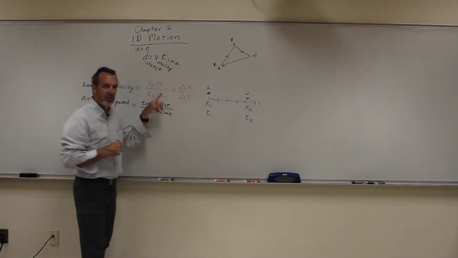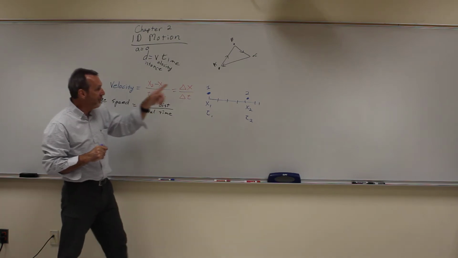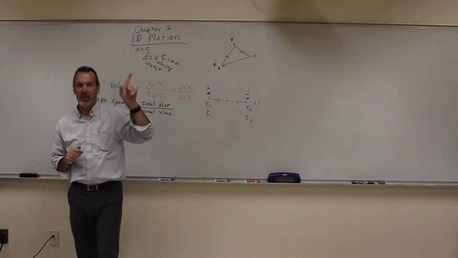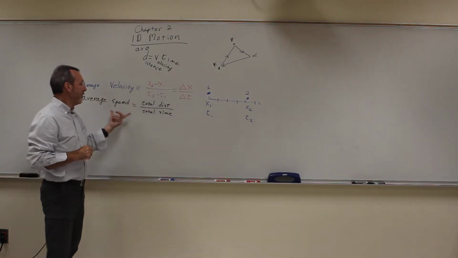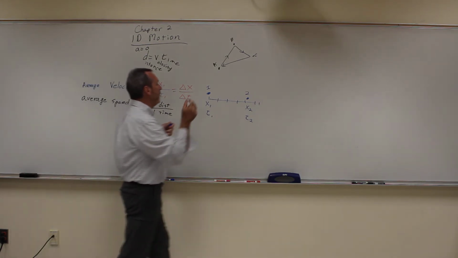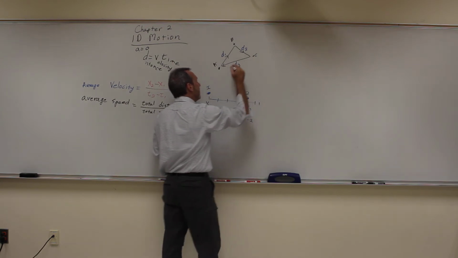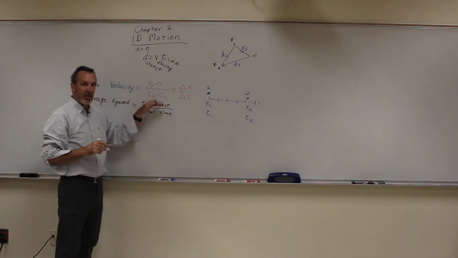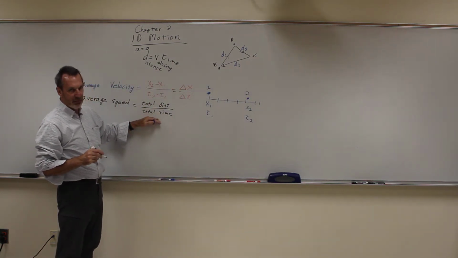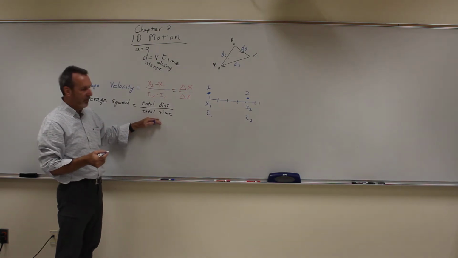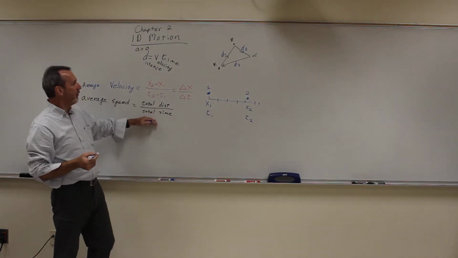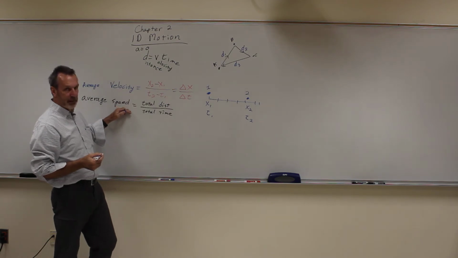My average velocity is 0, because I'm back to the same position I started. But my average speed is not 0. My average speed would have to say, oh, I have to have this distance plus this distance plus this distance. I have to add those together and then divide it by the total time it takes to make the whole triangle. So that is a difference between average velocity and average speed.